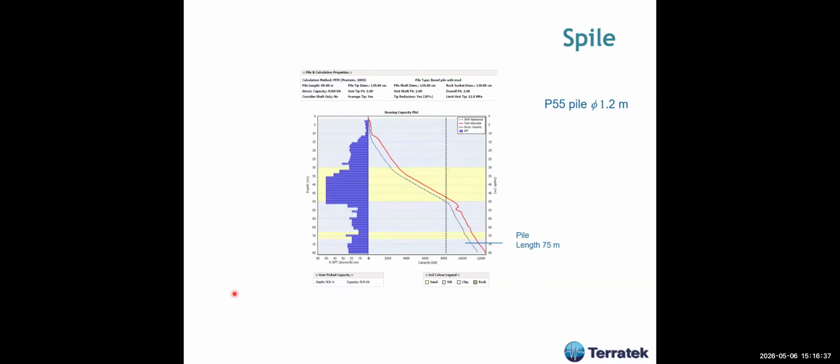Okay, the program produces this kind of plot, in which here you have the SPT values, the types of soils with different colors, and for instance, for a 1.5 meter diameter bored pile, we came to the conclusion that the length would be 75 meters for the design loads.